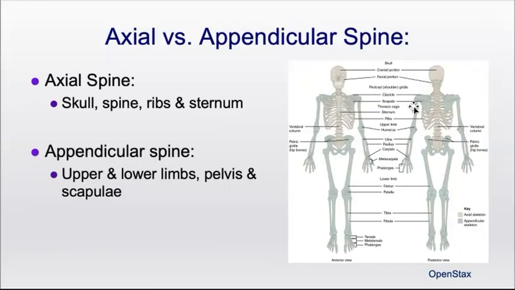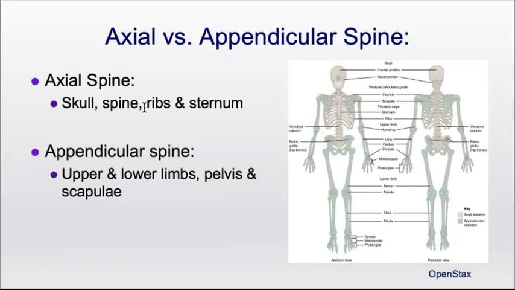The appendicular spine, this is what includes your shoulder girdles, your pelvic girdles, and the limbs. So the way that I think about it is the axial spine, it protects all of the vital organs, and it also maintains a lot of the stability. The appendicular spine, this is what allows us to interact with our environment, allows us to reach and grasp for things, allows us to walk and run and move around the environment.